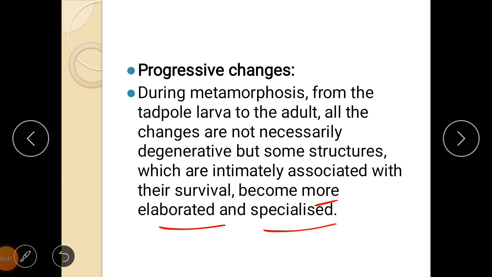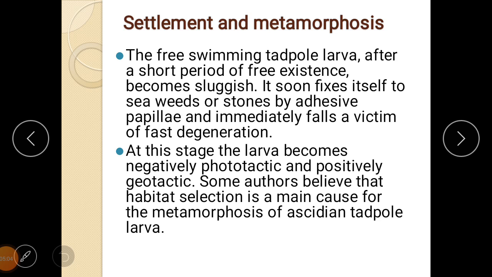In Ascidian tadpole, you could see both retrogressive and progressive metamorphosis, but progressive metamorphosis is common in all chordates. Retrogressive is a very rare case, so that's why in this video I'm only mentioning the retrogressive metamorphosis. Okay.